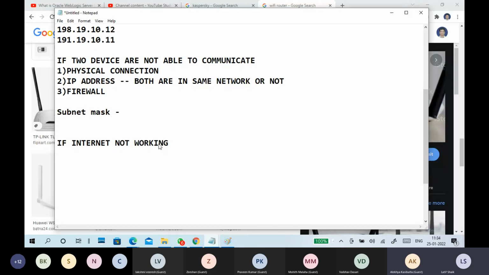The first thing is your router. It can be a direct router, a wired or a wireless router.